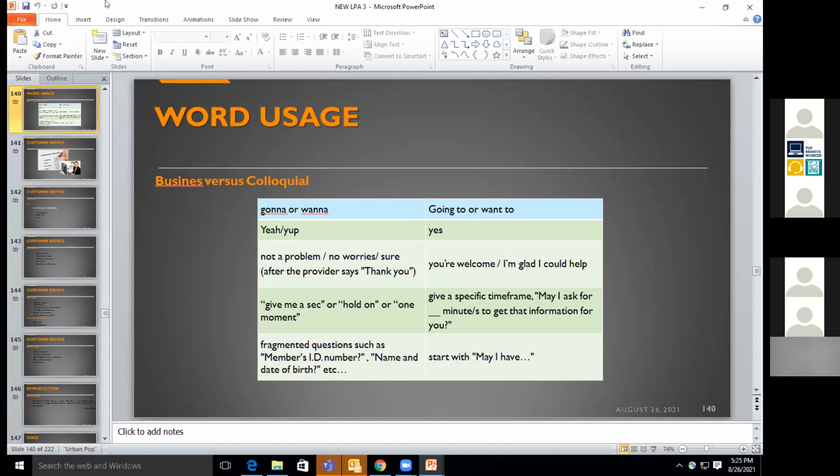You have to make a lasting impression that you are willing to assist them, that you are there to help them. This is the purpose why they're calling. They won't call if they don't need help, or if they don't have any questions.